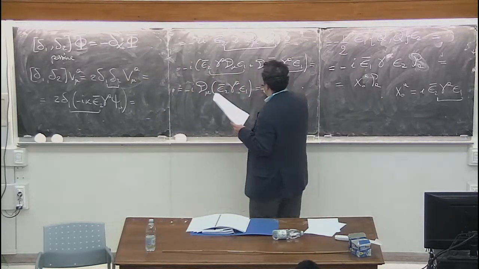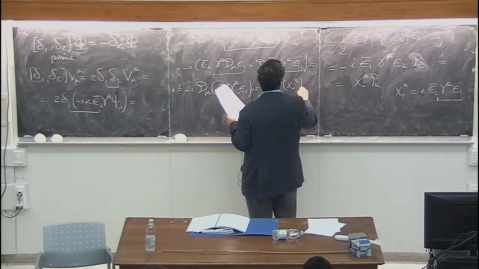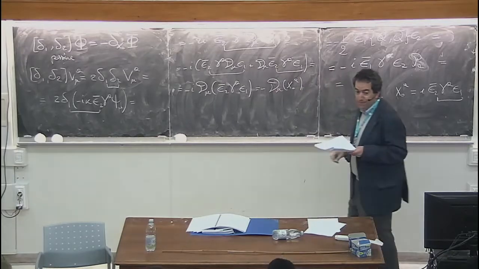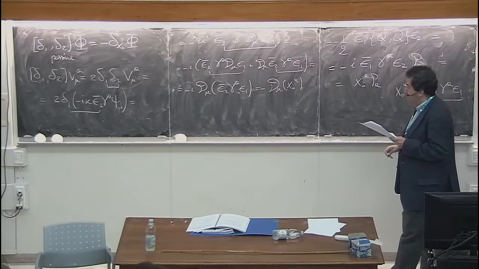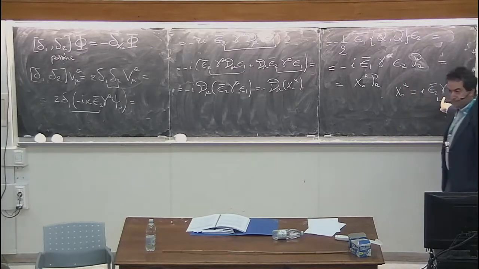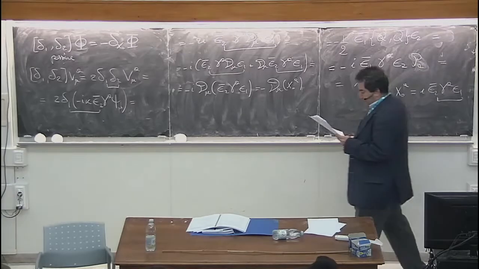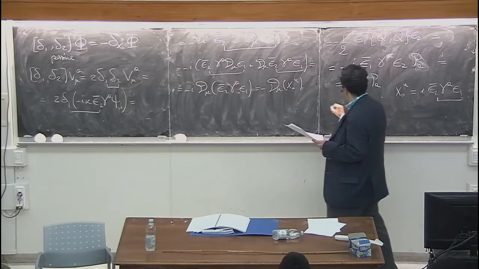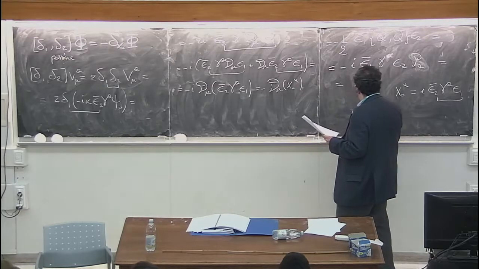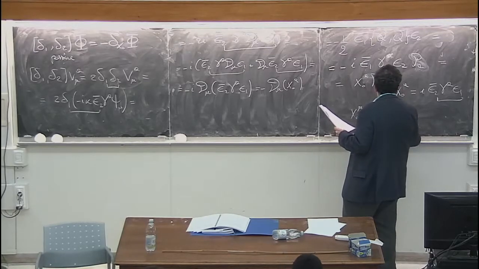But this is minus d mu x naught A, what we called x naught A. So let us define x naught mu as VA mu x naught A.